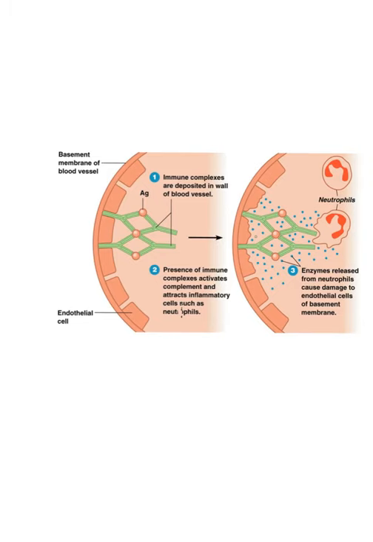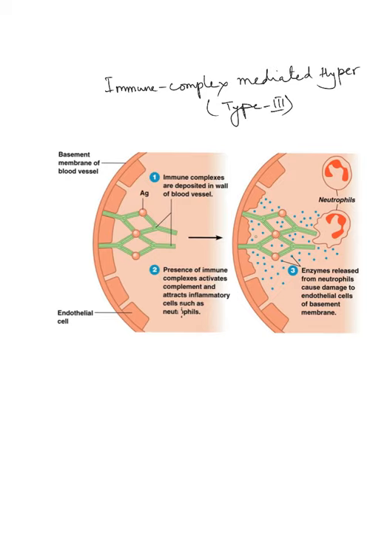We now move to type 3 hypersensitivity, which is called immune complex mediated hypersensitivity. Again, very briefly, if you remember, when antigen and antibody bind with each other, they combine, and this is called an immune complex.